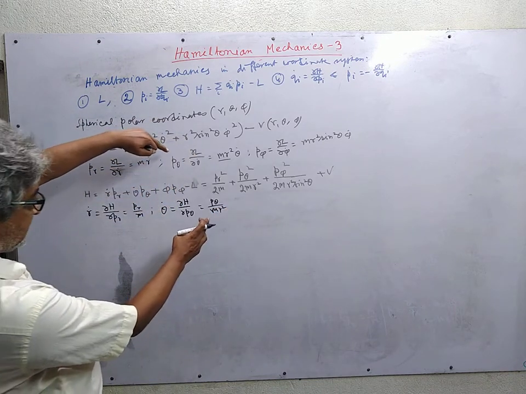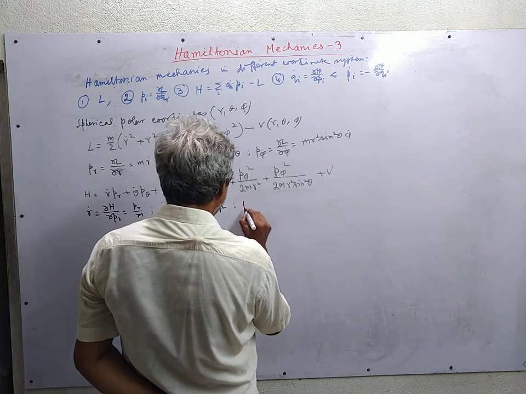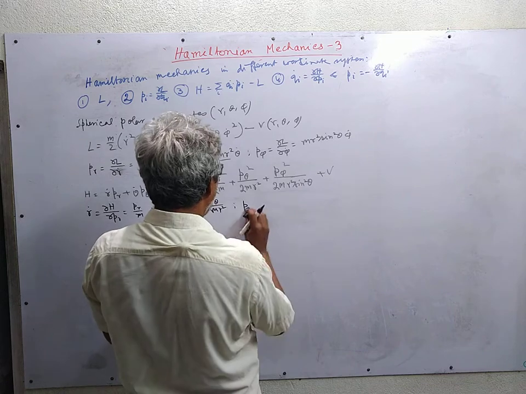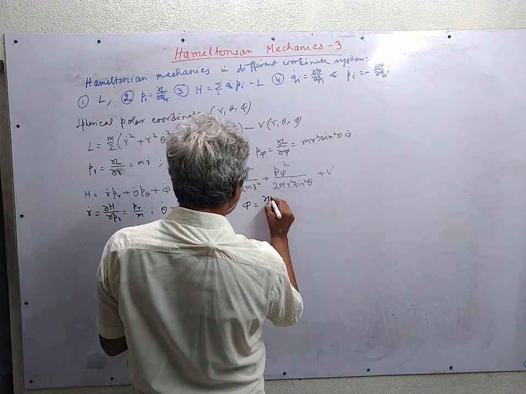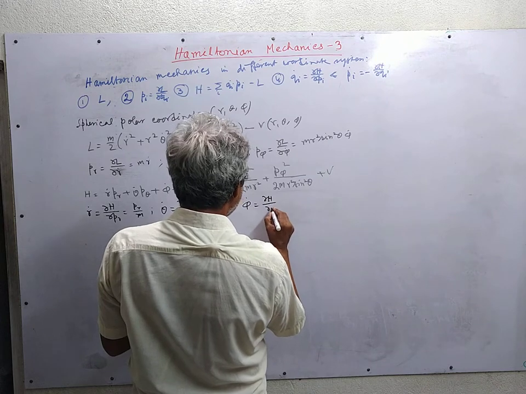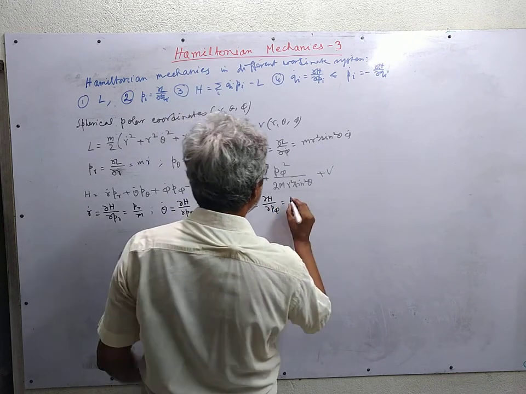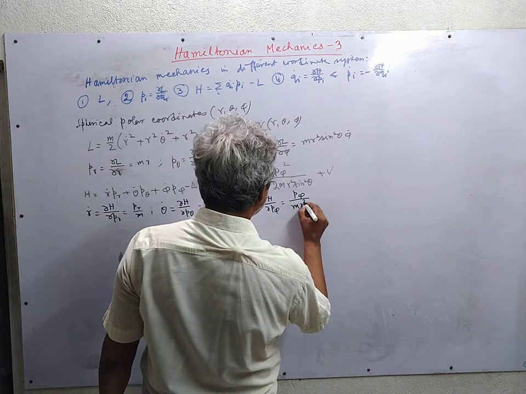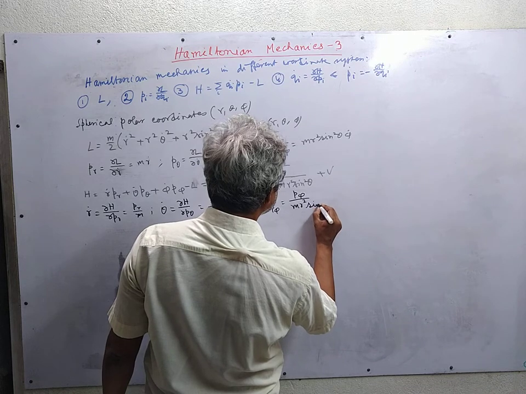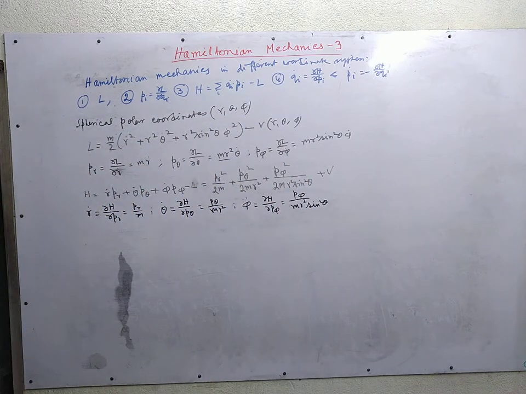So this is this equation. And phi dot is del H del P phi, which is equal to P phi by m r square sine square theta, which is this equation.